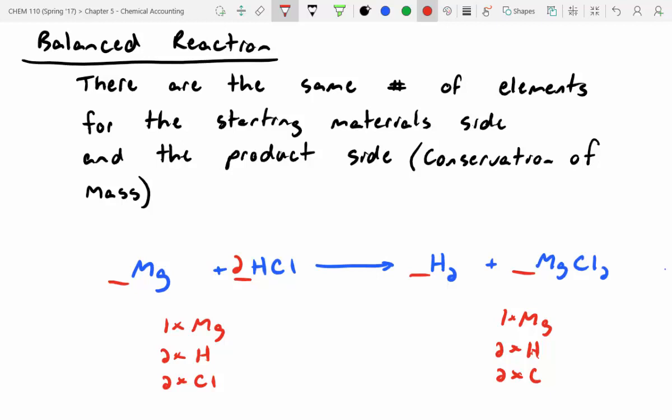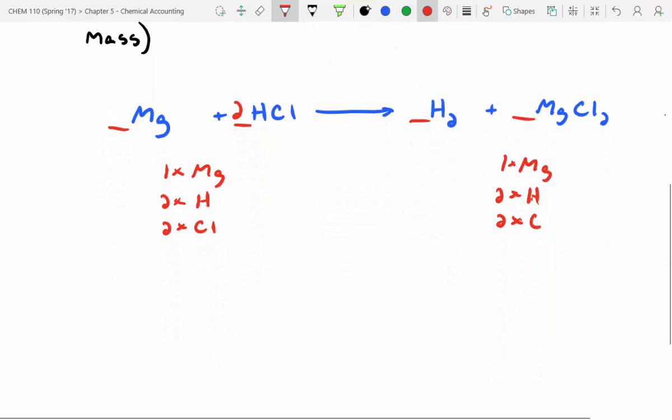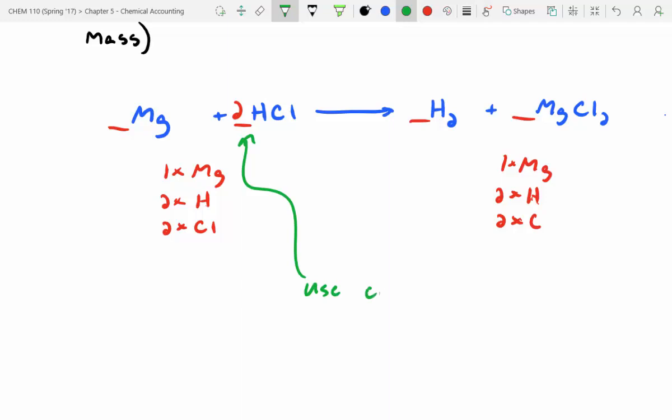So we have to be really careful when we're balancing equations to put in that coefficient number so that we have the same number of atoms on that starting material side as the product side. So use coefficients as multipliers to balance your equation.